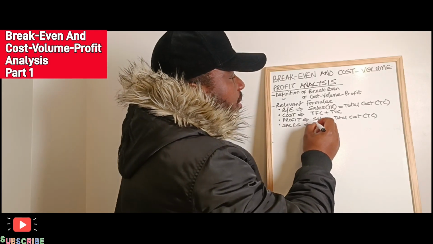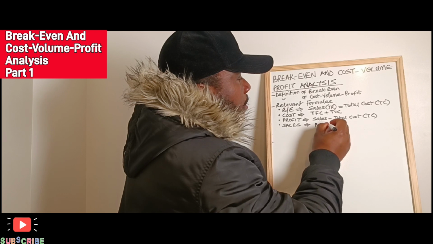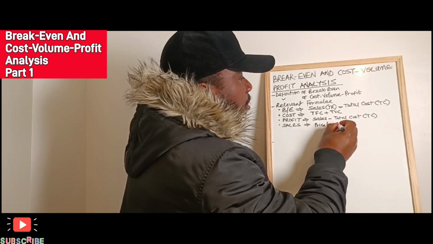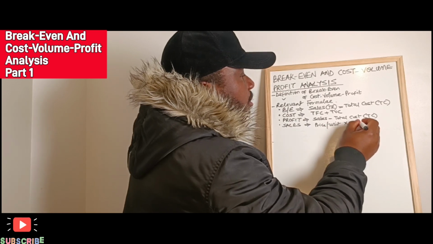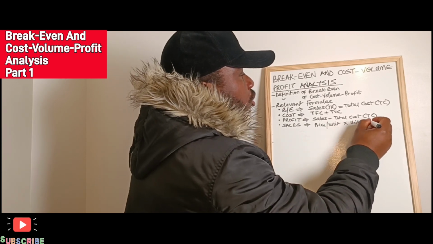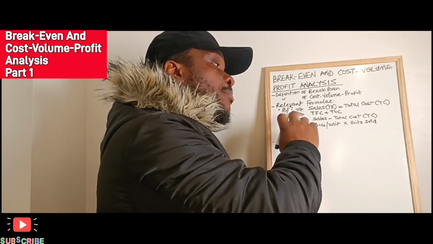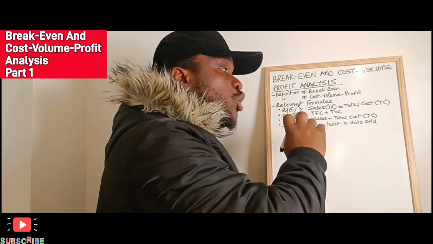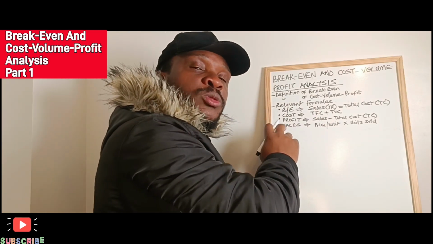Which is price per unit times units sold, which means when you multiply price per unit by units sold, you'll be getting sales revenue or total sales.